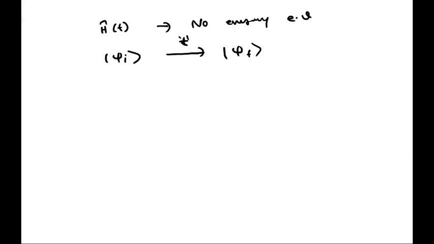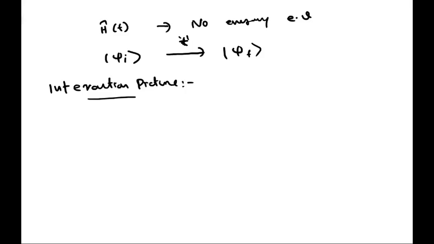Okay, so we can solve this kind of a problem conveniently in the interaction picture. So I'll go to the interaction picture. This is something that we have discussed in detail in QM1, so I'm not going into the details of the picture.